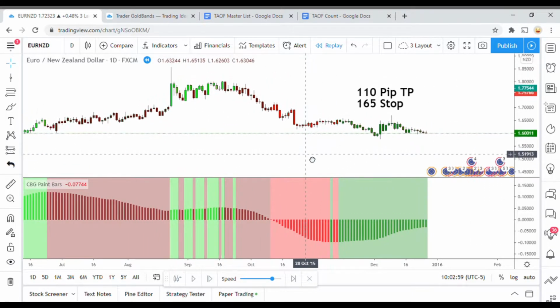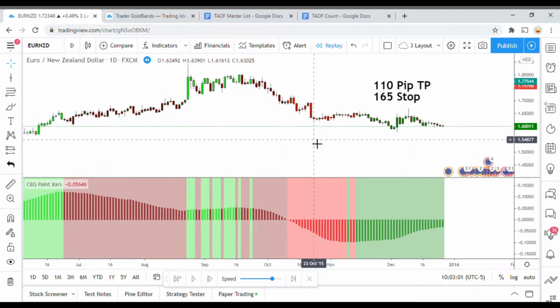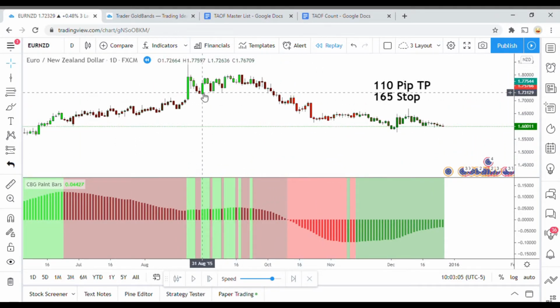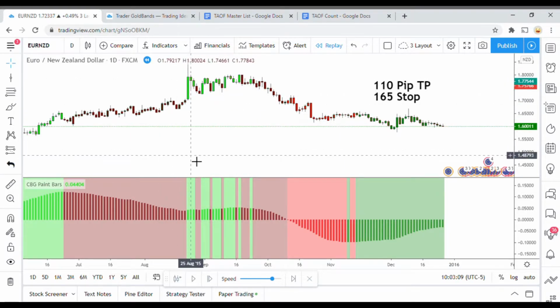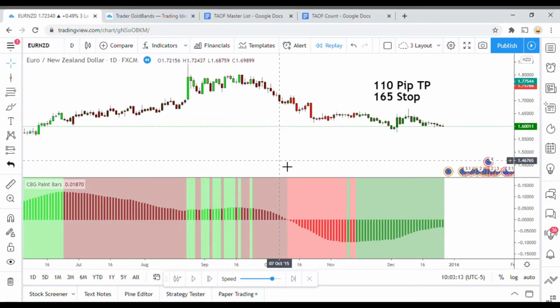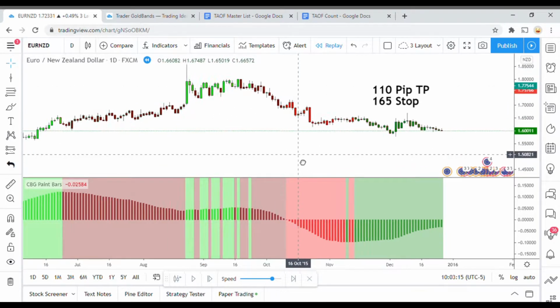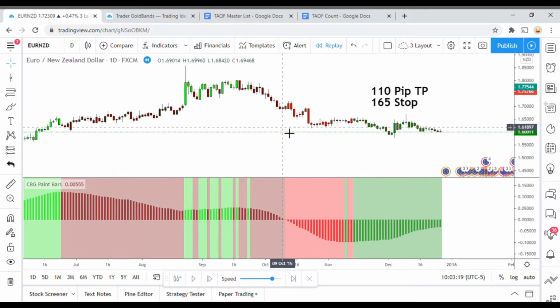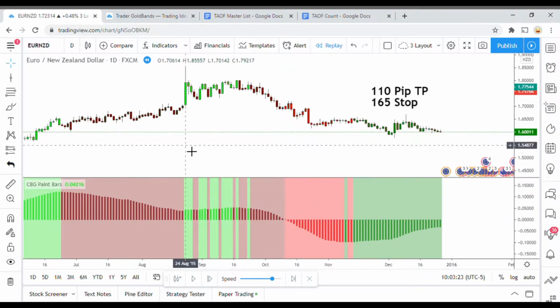But that gets kind of subjective, and then you need other things on top of that to confirm the divergence and when you should enter and exit from that. So that's not really how I would like to test this indicator. What I'm looking for is the zero line cross.